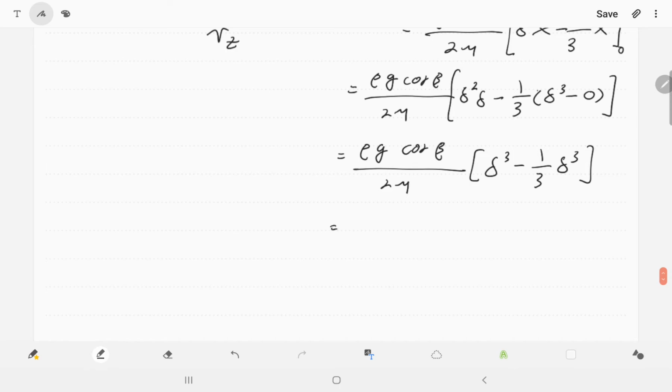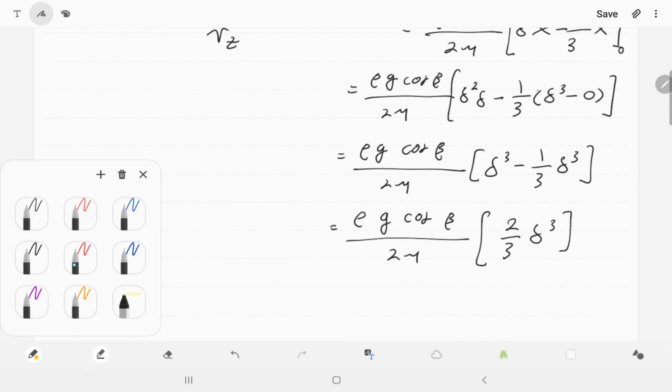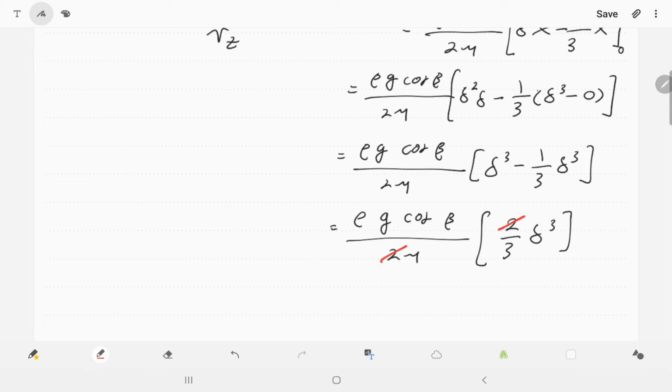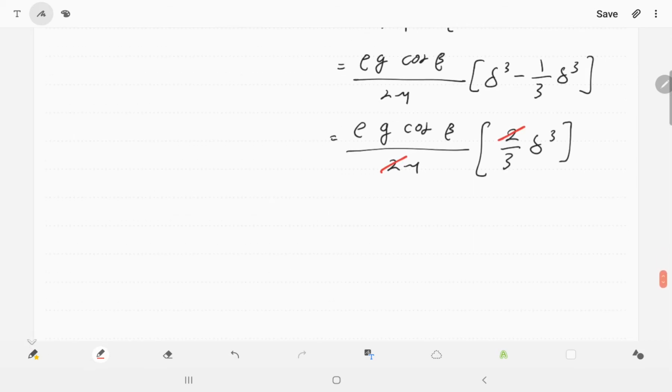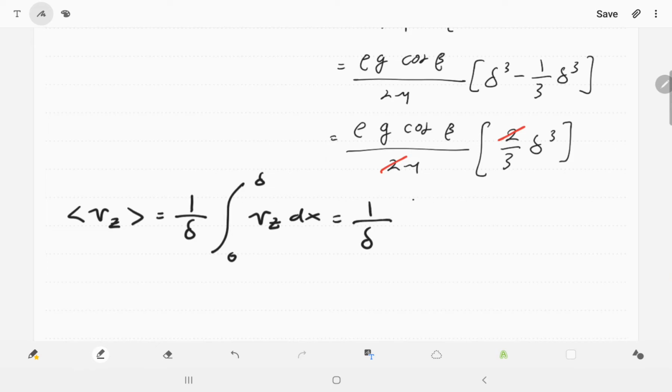Okay, 1 minus 1/3 becomes 2/3, basically 2 mu 2/3, and then this one can be cancelled with this. Okay, so then if we continue again, we can get that the average velocity will be equal to 1 over this integral 0 to that Vz dx, which will be 1 over this, rho g cos beta divided by mu, 1/3 of this.